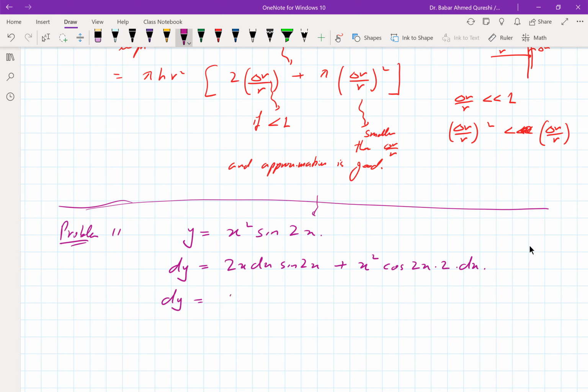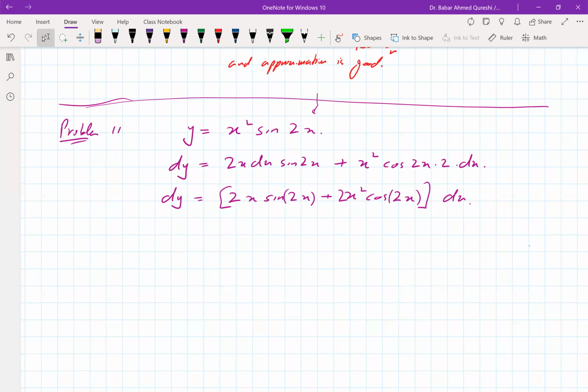So dy is 2x sine 2x plus x squared cosine 2x dx. So that's the differential. And this is also linear approximation around any point.